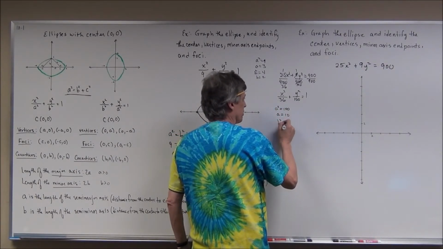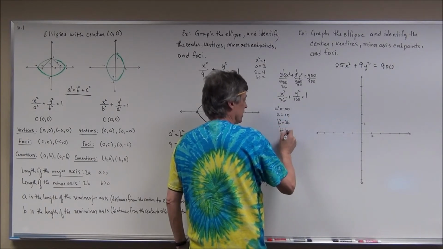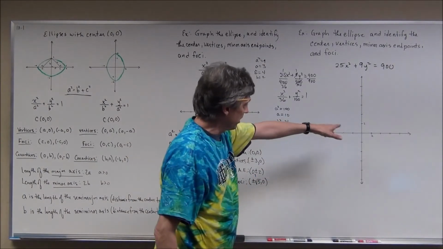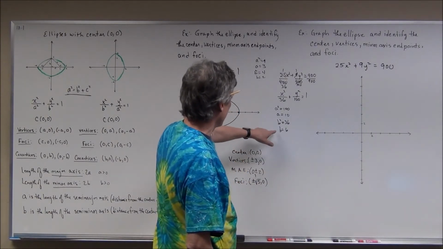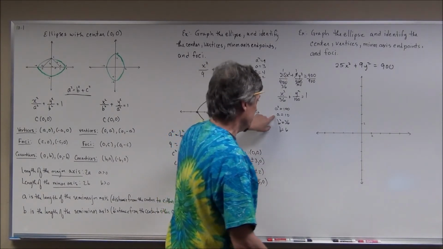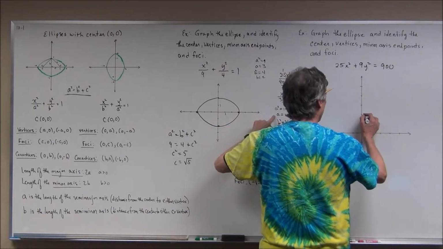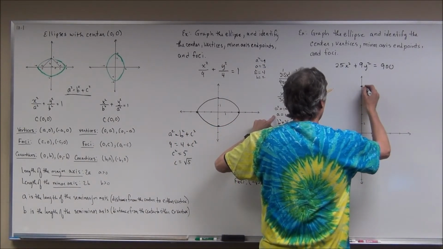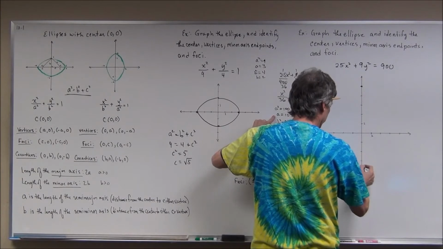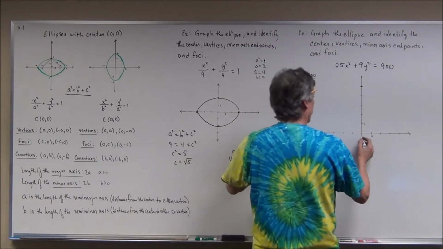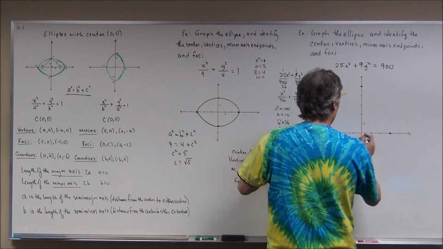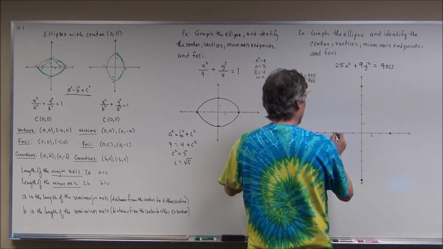B squared is 36, so B is 6. Notice my units here, they're each worth 2. So on my scale here, I'm going to go 10 units up from the center, 2, 4, 6, 8, 10. 2, 4, 6, 8, 10, 10 units below. 6 units to the right, 2, 4, 6 from the center and to the left.